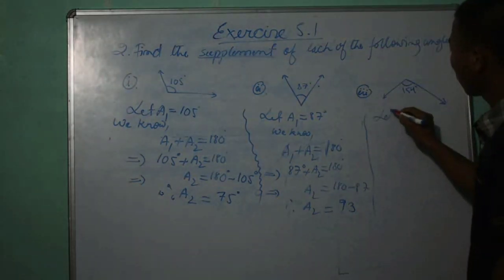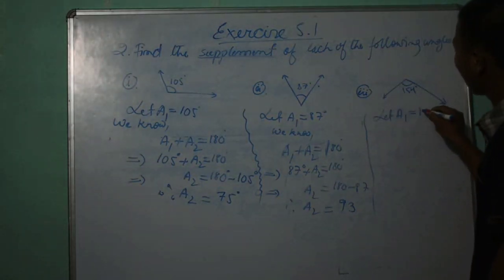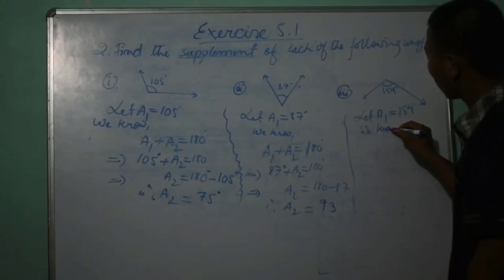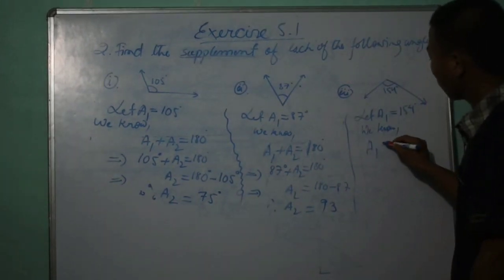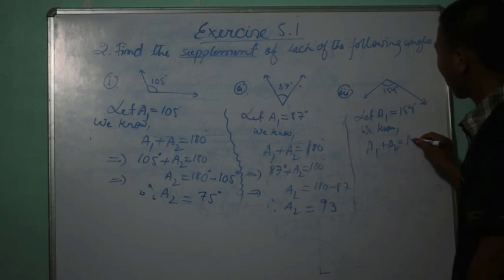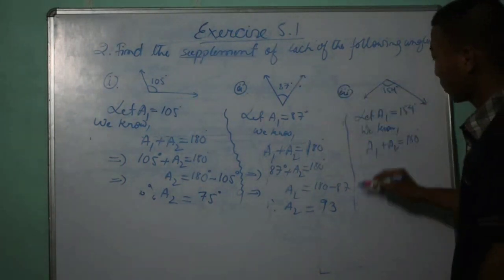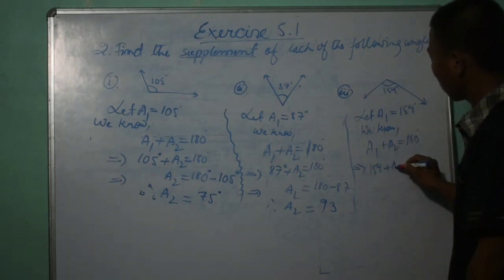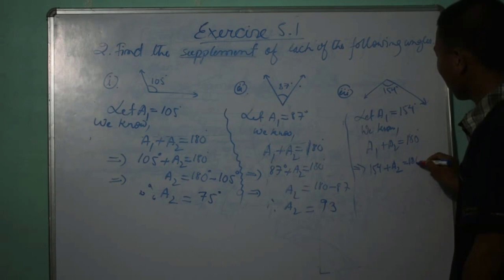For this, let A1 equal 154 degrees. We know A1 plus A2 equals 180 degrees for supplementary angles. So A1 is 154 plus A2 equals 180.